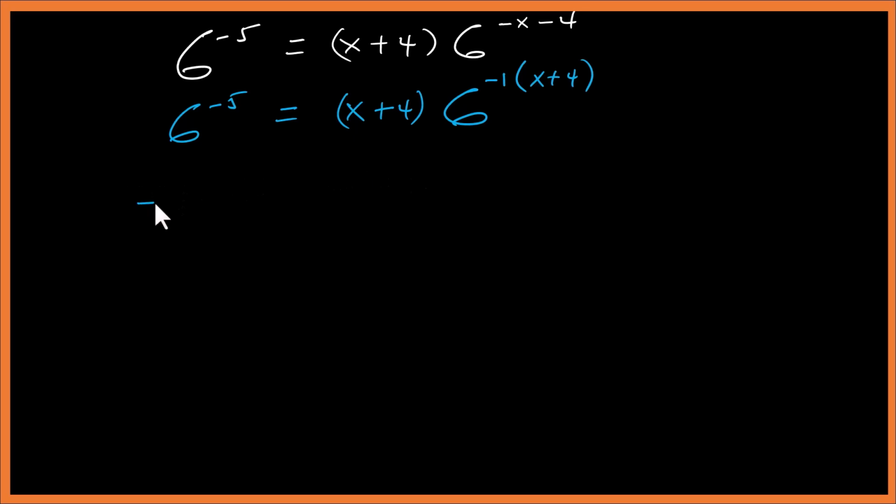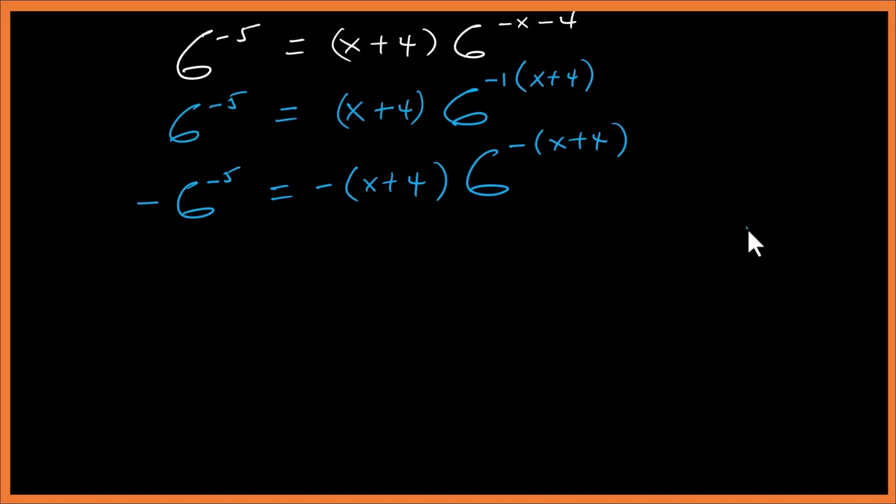So we have like 6 raised to minus 5, so like 1. So this side is minus x plus 4, the same as 6 raised to minus x plus 4. Perfect.